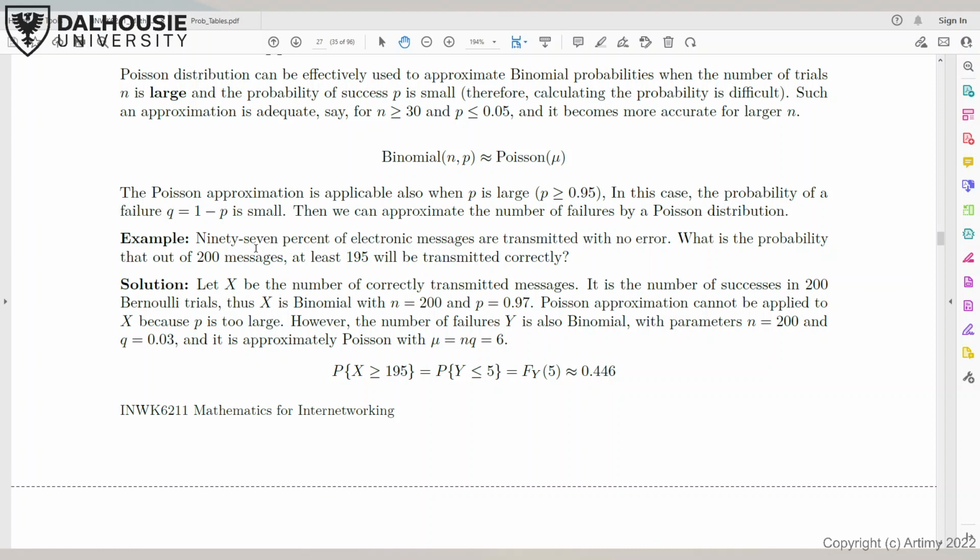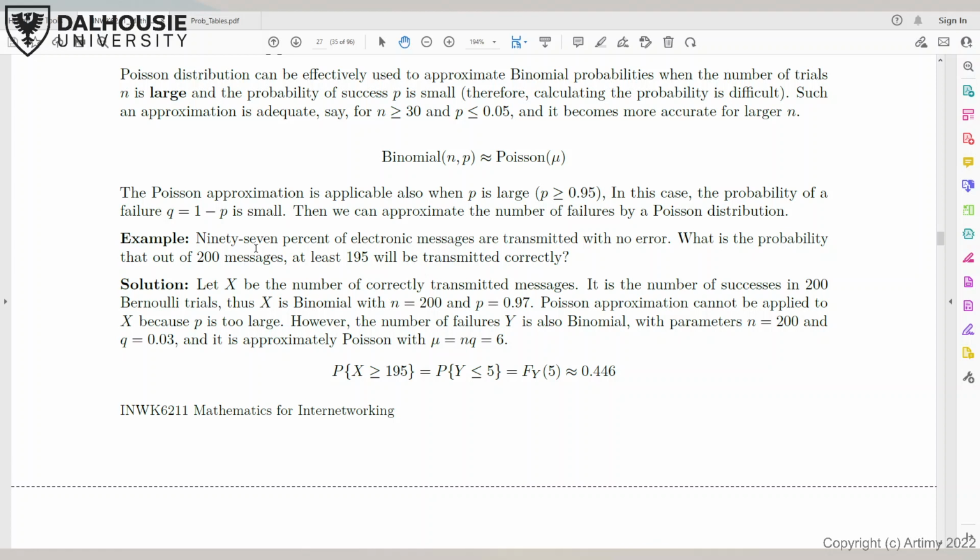If I want to use binomial, I'll be having a hard time. Immediately I can say that p is 0.97, n is 200, x is at least 195.